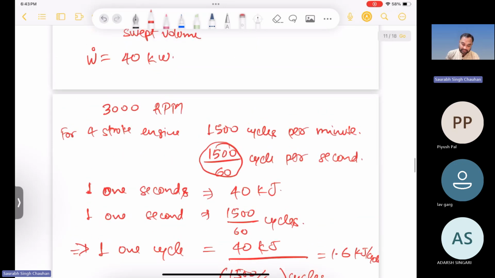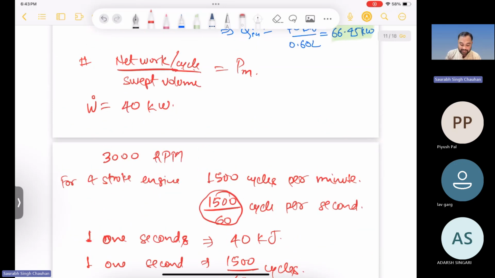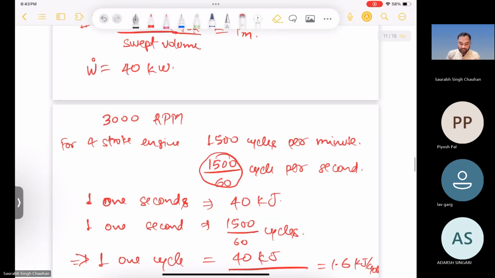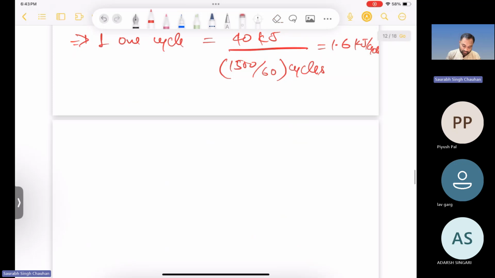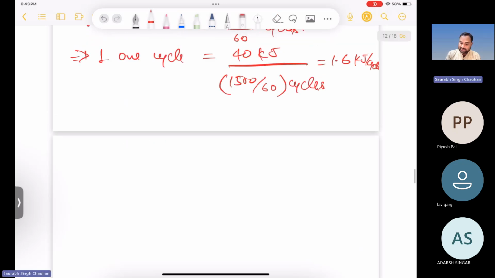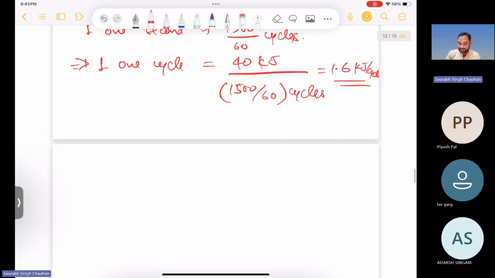So what was the definition? Definition was net work per cycle divided by swept volume, right? So what is the swept volume? And one more thing, this power is generated by 4 cylinders, right? We have to tell per cylinder.